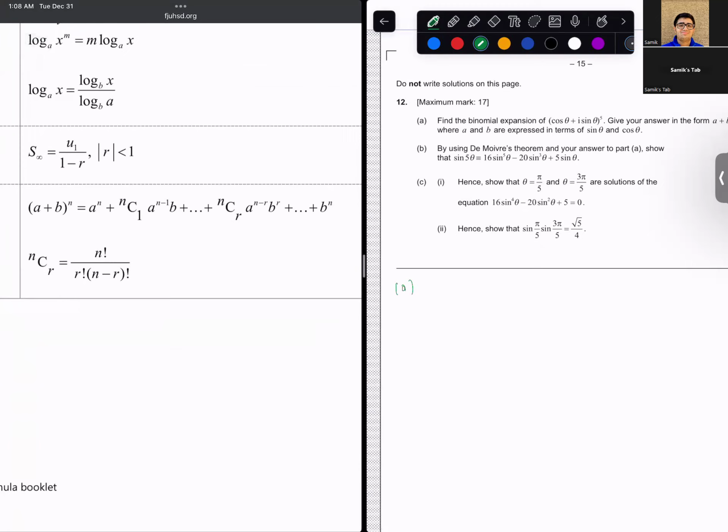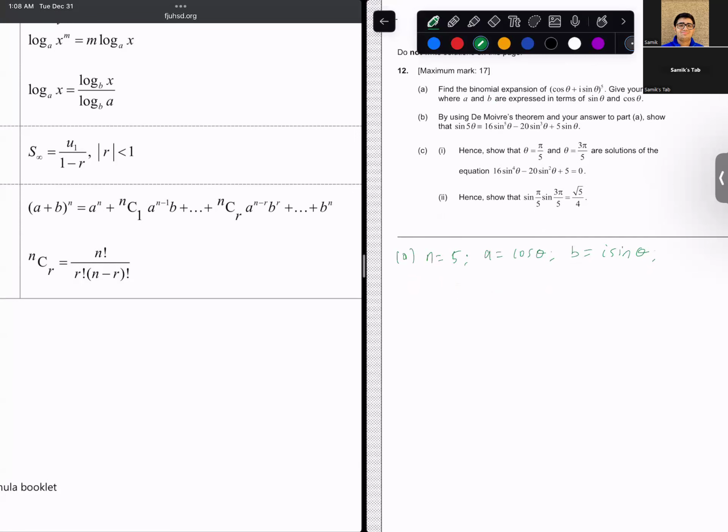So part A, we can just now use the formula. In our case, the n is given as 5, and then our a is given as cos theta, and we can take b as i sine theta.